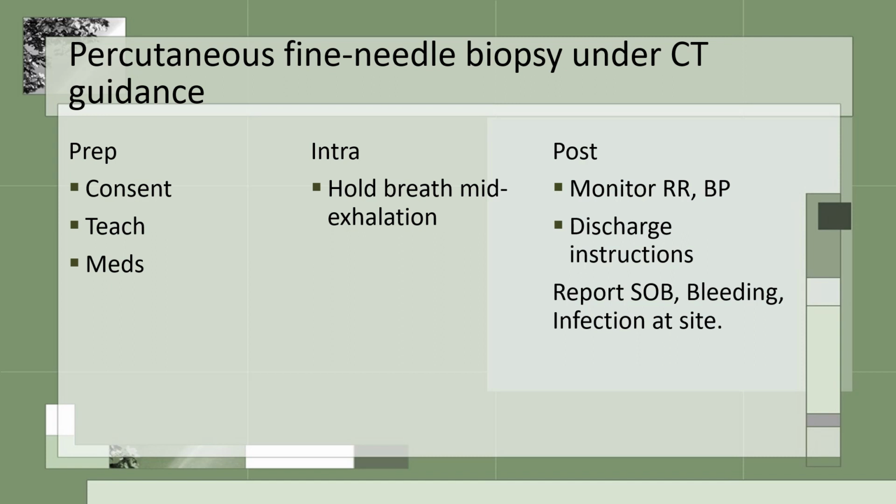The meds, they might get something very, very light, like a Valium, just to help take the edge off their anxiety, but probably not too much. Externally, they may numb the area that they put the biopsy needle in, but it is a very small needle, so they may just do a local anesthetic around that area.